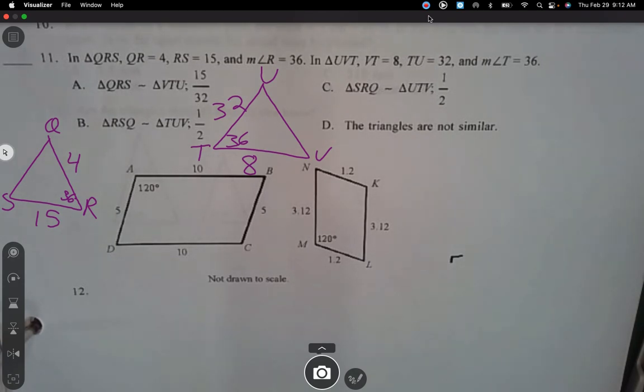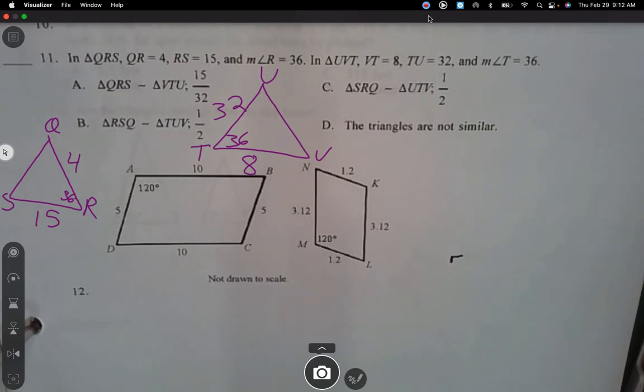So I'm trying to see. 8 would go with 4, and then 32 with 15. If I set those up, are they going to be proportionate? No, they're not. So the triangles are not similar. Wait, how? Because I just put the 8 with the 4.